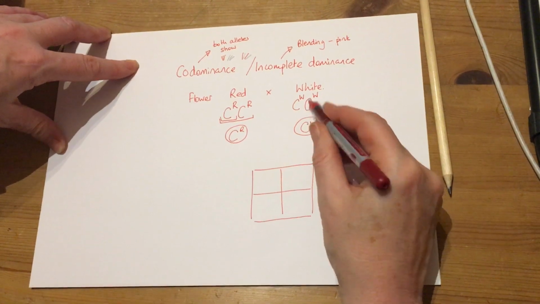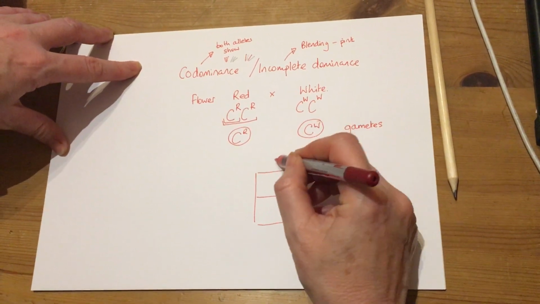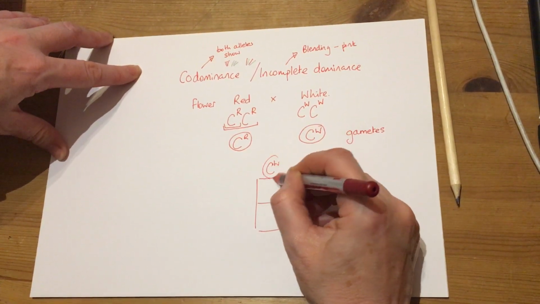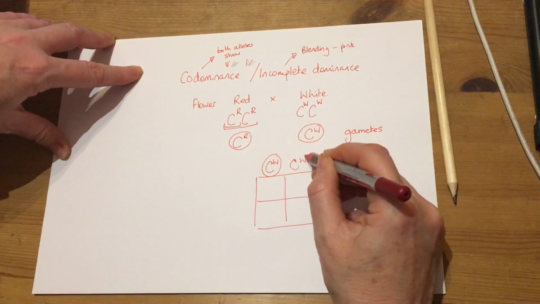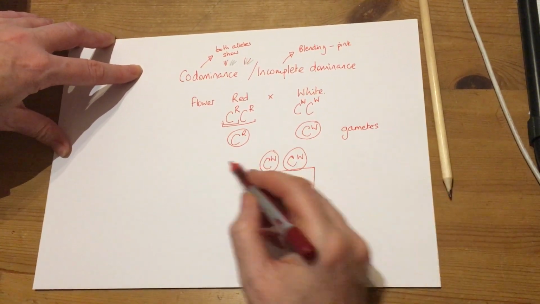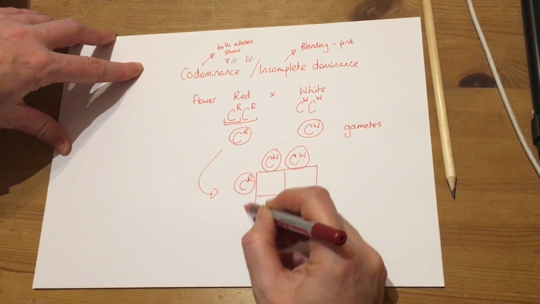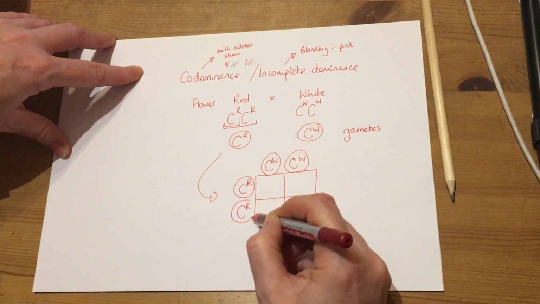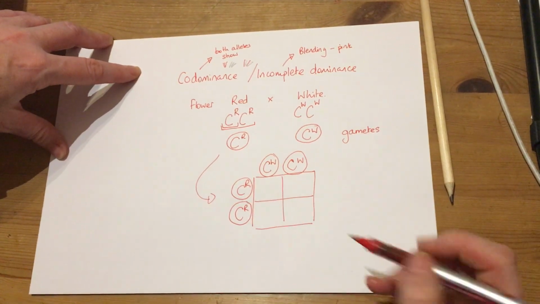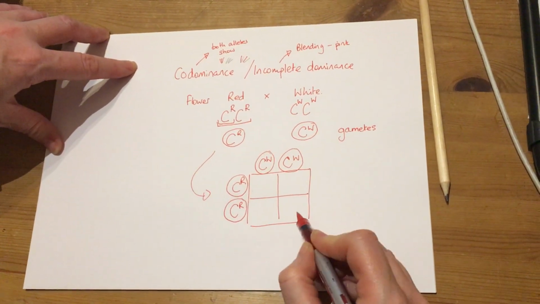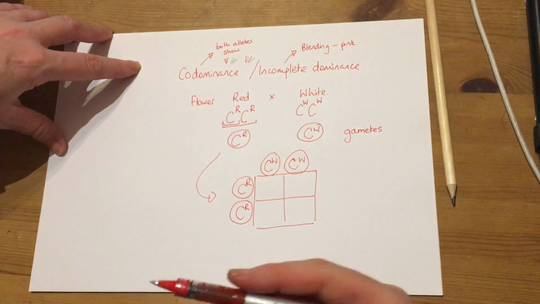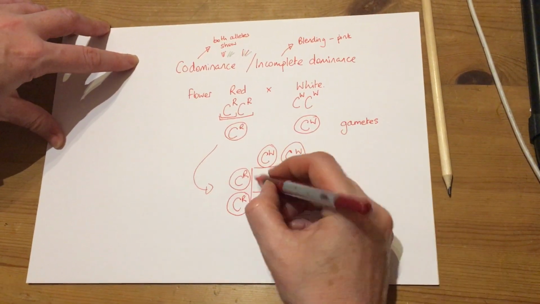The gametes from this individual, there's only one option. So we'll put both the gametes the same on this side. And from this individual, there's only one option again. All of the gametes are carrying red alleles. So every single one of these squares will be the same. Again, go alphabetical if you can.